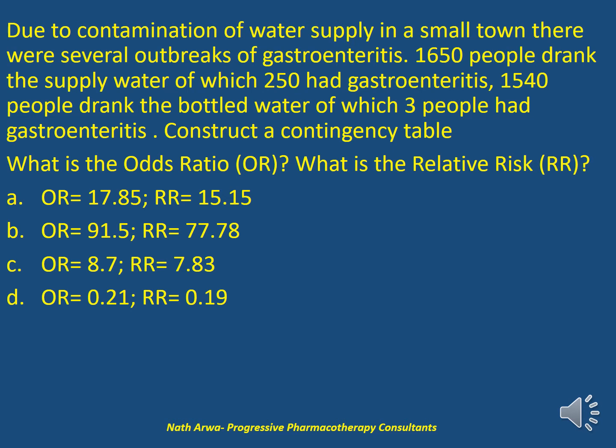Would the odds ratio be 17.85 with an RR of 15.15, or would it be 91.5 and 77.78, or would it be 8.7 and 7.83, or would it be 0.21 and 0.19?